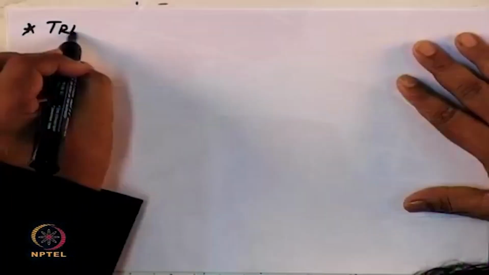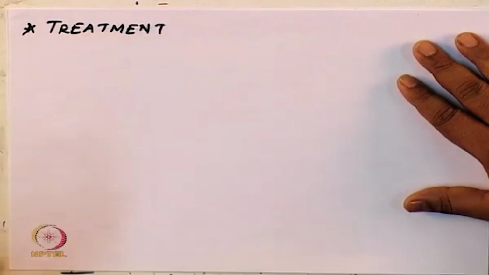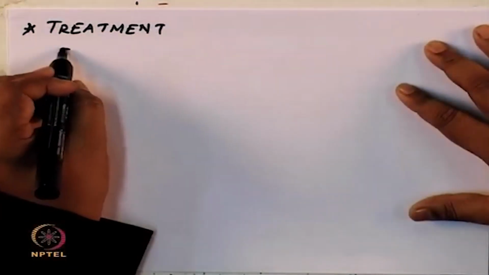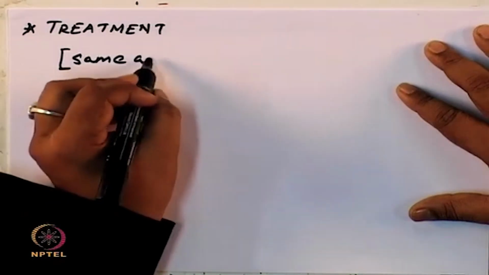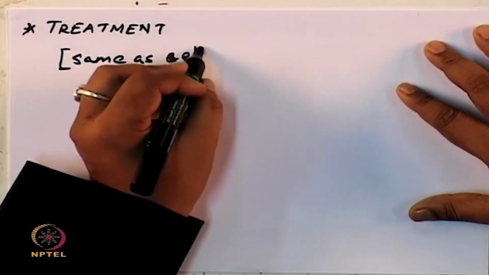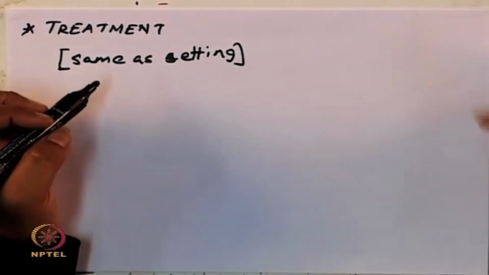So, you also have something called treatment. The treatment can sometimes be the same as the setting. Let us say your setting is just men versus women, or gender. In that case your treatment is the same as your setting.